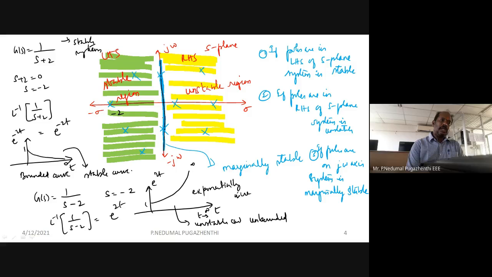So based on the movement of the roots, whether the root lies inside the left hand side or moves to the right hand side, for any value of k you will be able to identify what should be the value of the gain k to maintain your system inside the stable region.